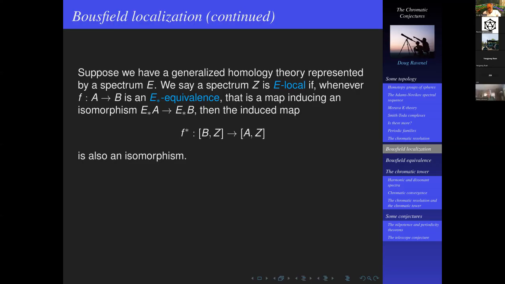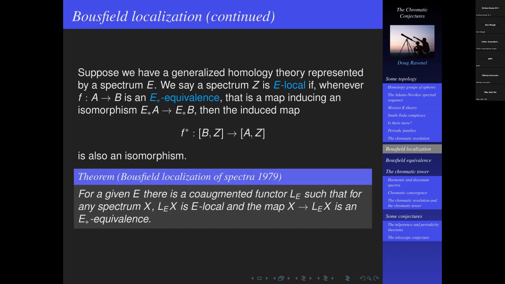Now, it's not immediately obvious that there are any E local spectra out there. It is not obvious that such things exist at all. But anyway, we can make this definition. Now, here's the theorem that Bousfield proved in that paper.